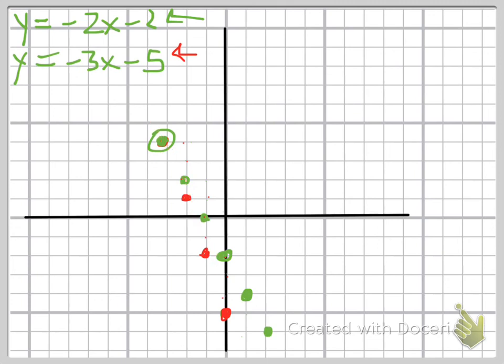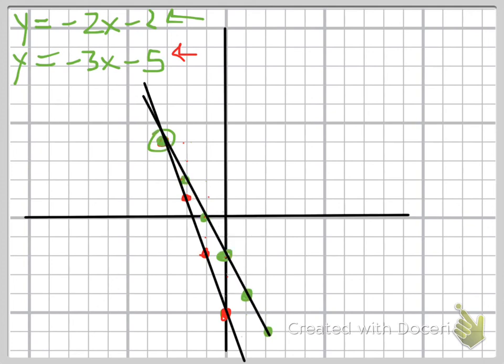Let me use a solid line for that. So there's my red line, and my green line looks like this.